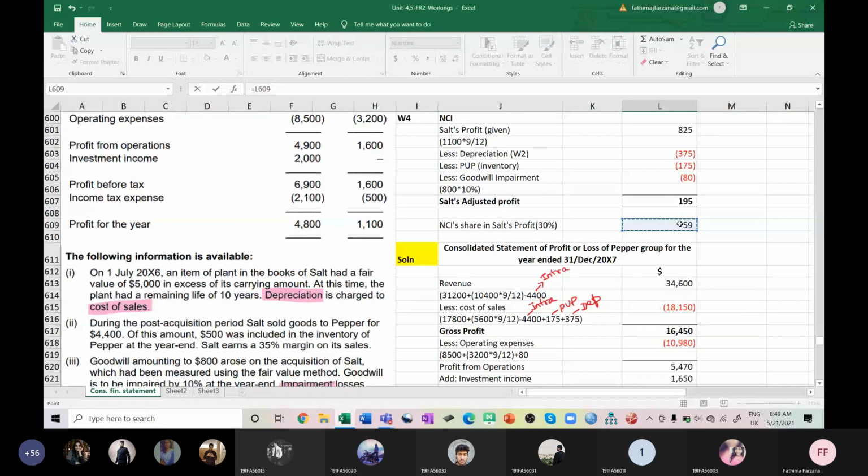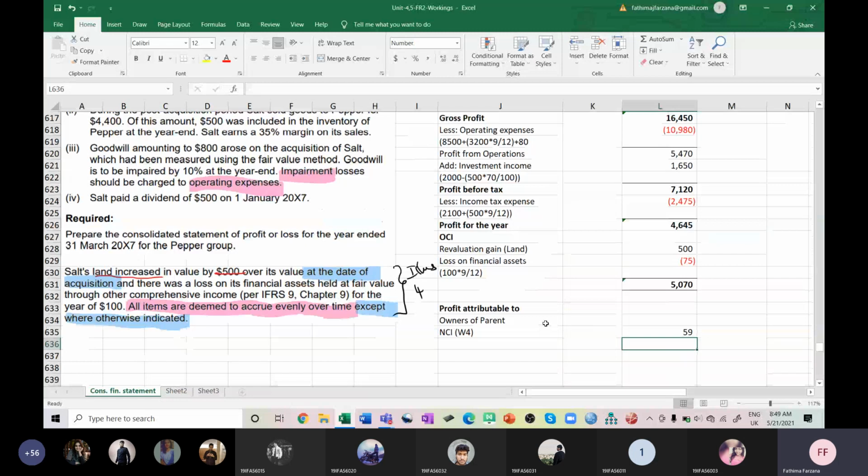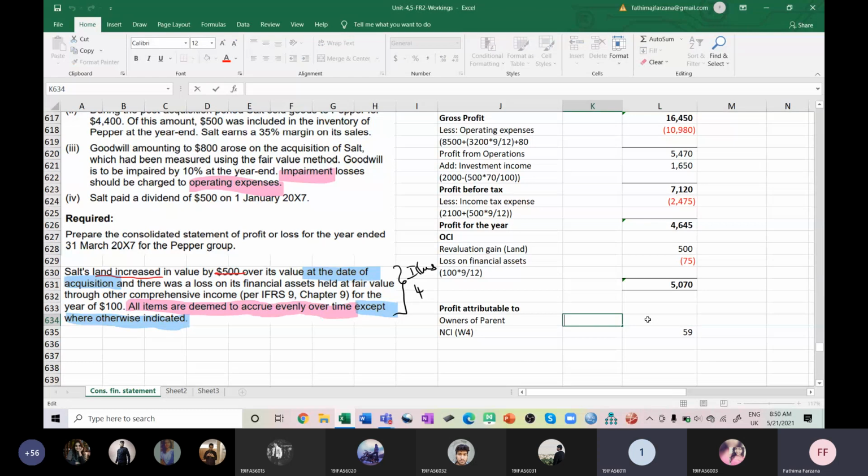Whereas owners of the parent is how much? 4645 minus 59. Only profit, I'm not taking OCI yet. So it's equal to 4645.